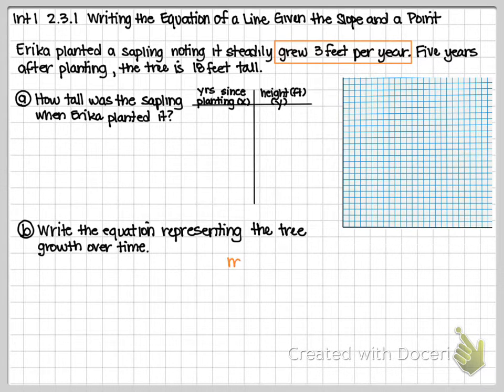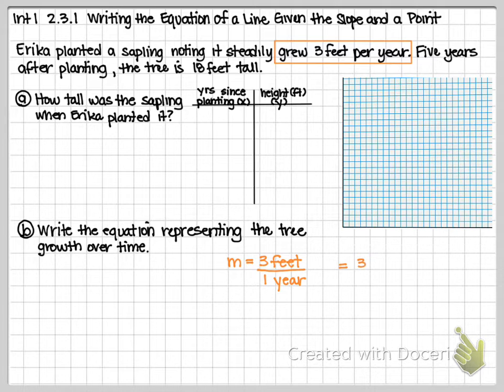So here I know my slope, and I was told 3 feet per, that's telling me it's a fraction, per year. Well, the implication here is that it's 1 year. So I'm going to put a 1 in front of that. Then I know I can simplify this. I'm going to leave a little bit of space though, because I'm going to come back to that.